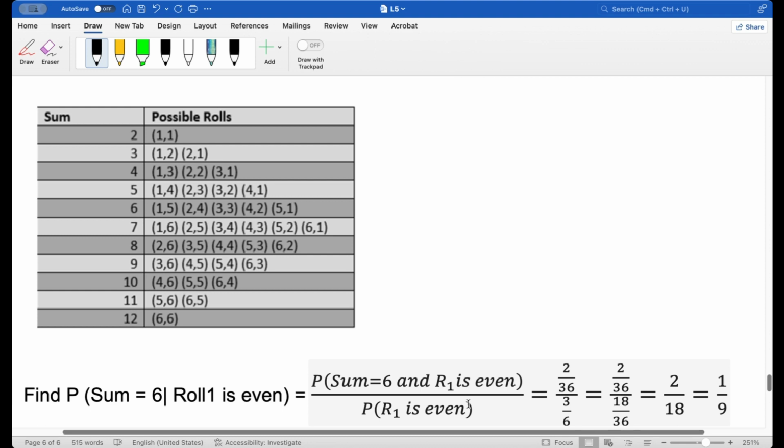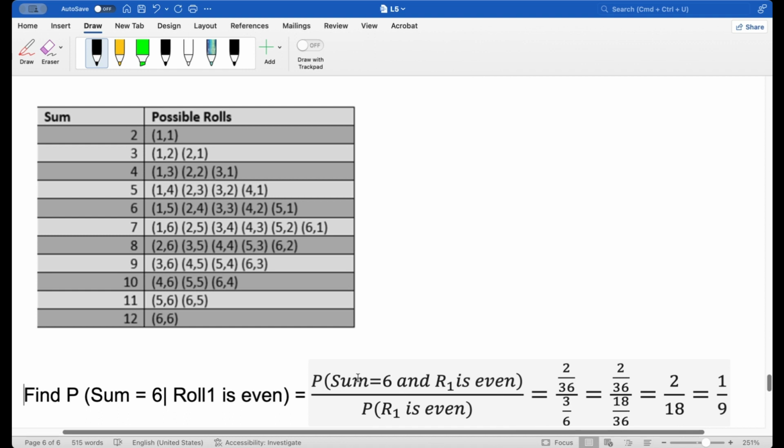The probability the first roll is even is 3 out of 6. There are 6 outcomes in the first roll, 1 through 6, and 3 of them are even: 2, 4, and 6. With a common denominator, it's 18 out of 36.